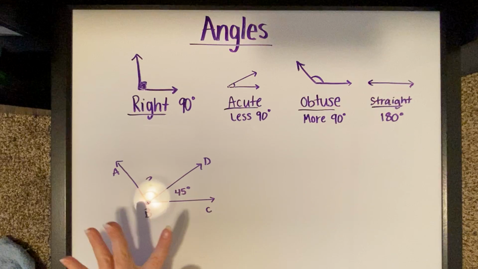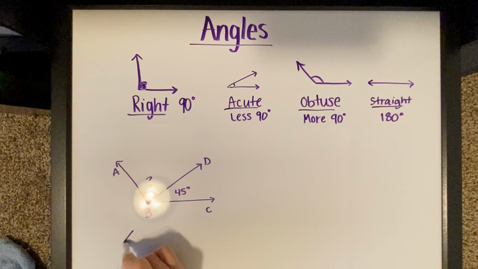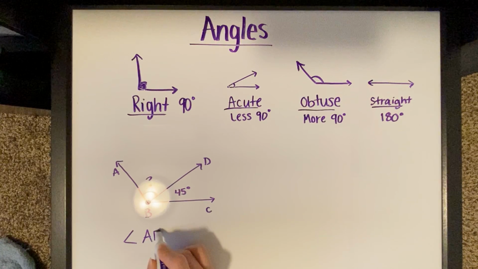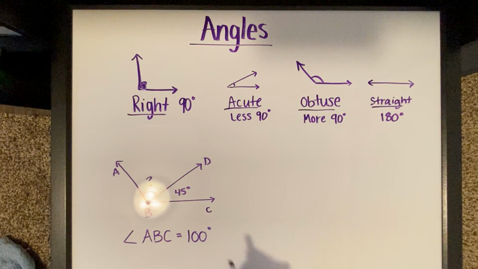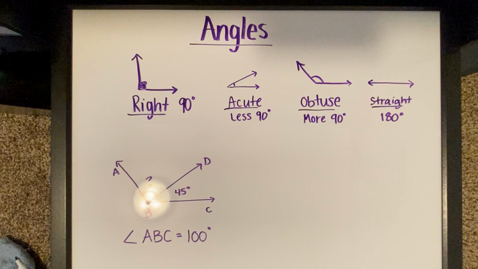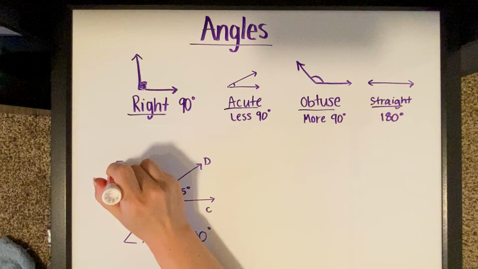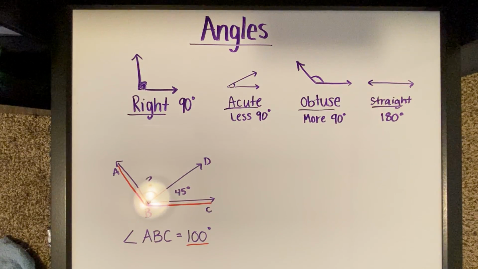Well, in order to figure this out, we need a little bit of information. So maybe the problem tells you that angle ABC is equal to 100 degrees. So we know ABC, that's this part right here. ABC is equal to 100 degrees.